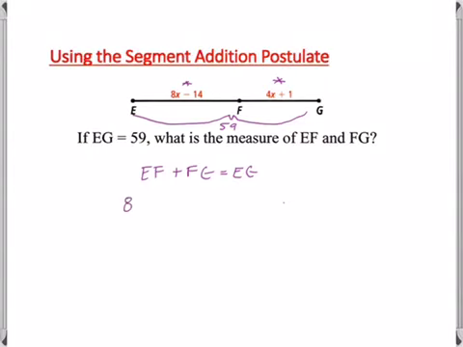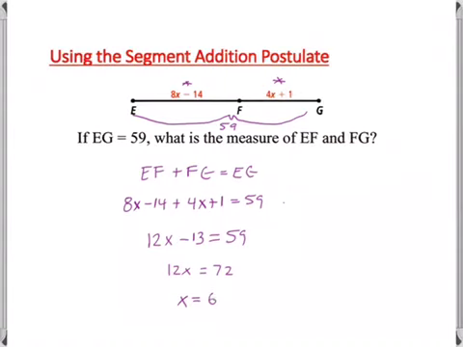So EF would be 8x minus 14 plus 4x plus 1 equals 59. We're going to combine like terms. So 8x and 4x becomes 12x. -14, positive 1 is -13. Equals 59. Algebraically, we'll add over the 13. We get 12x equals 72. We'll divide by 12, and in this case, x equals 6.